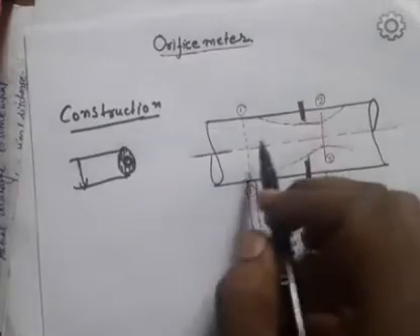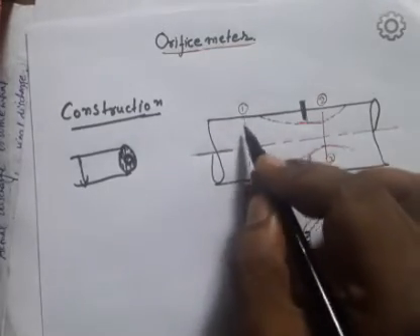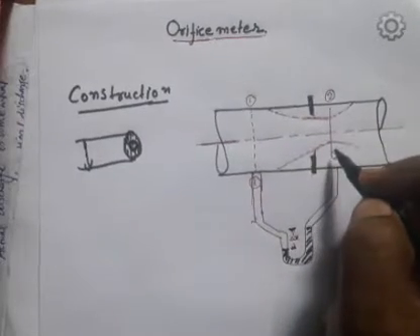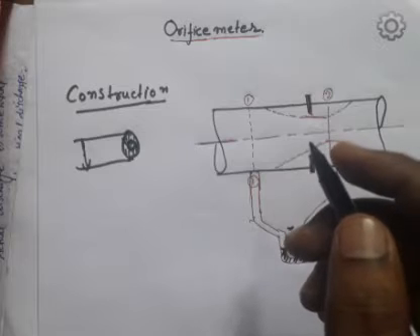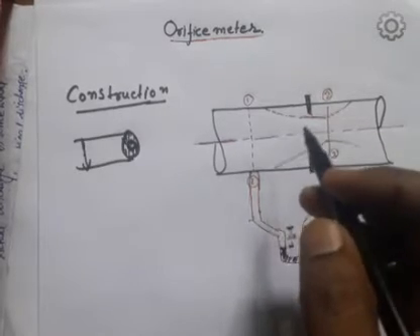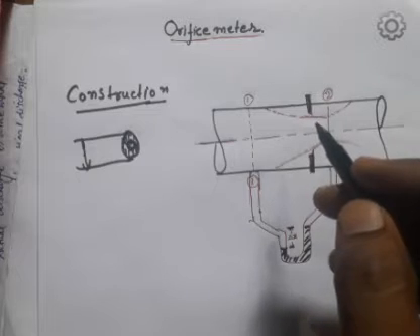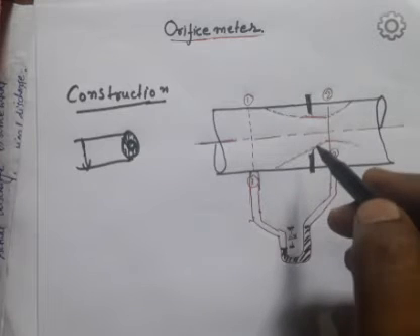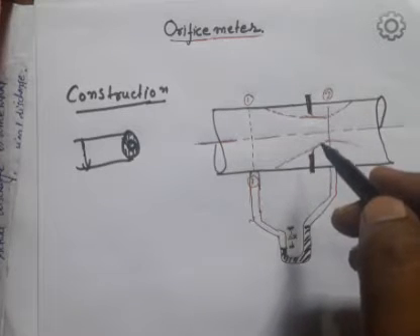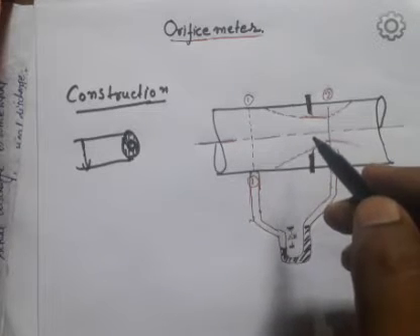Here is the cross section 1 and here the section 2. Now the question arises: the orifice meter is very simple in construction and cheaper than the Venturi meter, because it consists of only a circular plate.